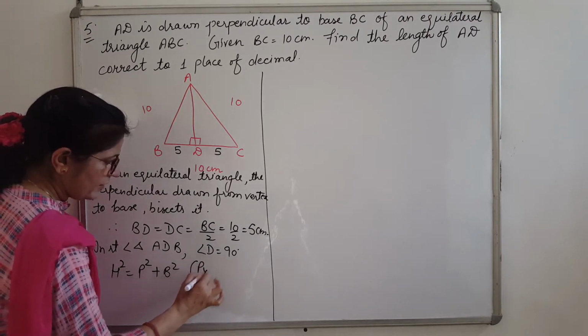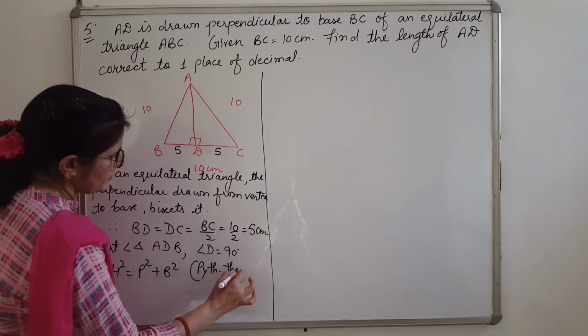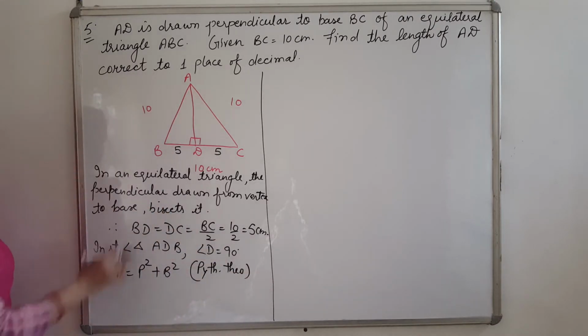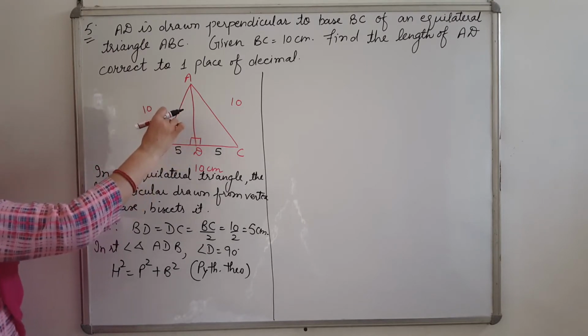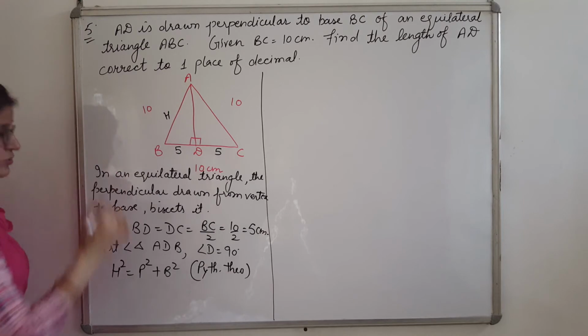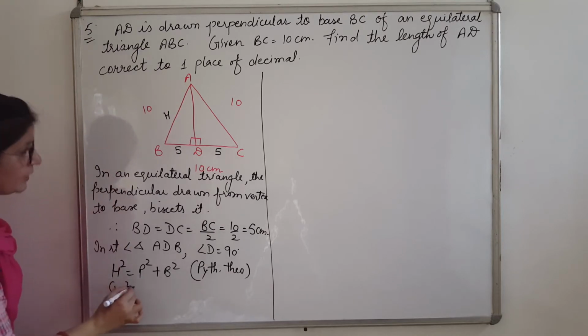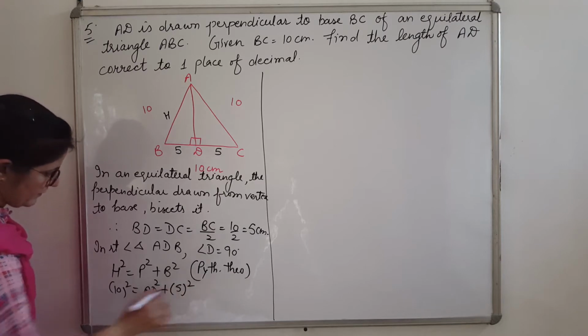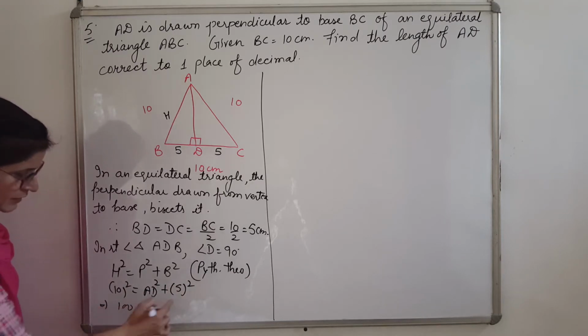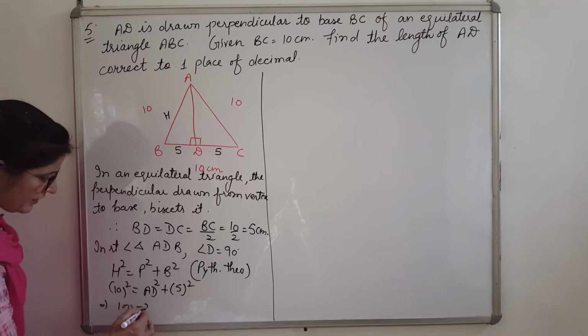So we write here Pythagoras theorem. What is H? H means hypotenuse, opposite to 90 degrees. So this is H. 10 square, perpendicular AD, you have to find, base is 5. So 100, 5 square 25 will come here in minus.